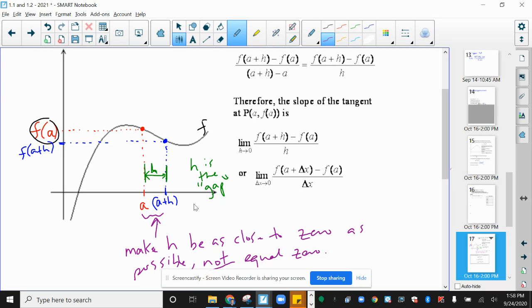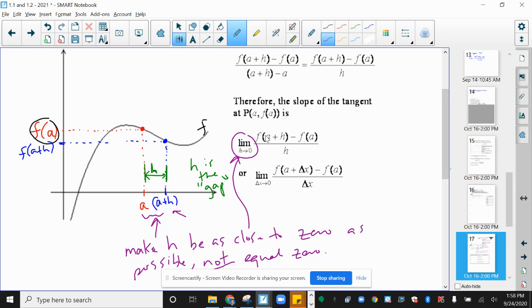If H equals 0, then you've just got A again, and now you've used the same point twice, and we know we can't do that. So how do you go infinitely close and not touch? Sounds like limits to me. So we're going to be using limits.